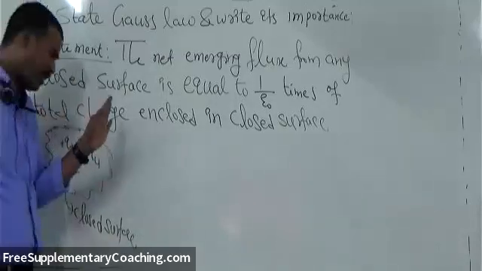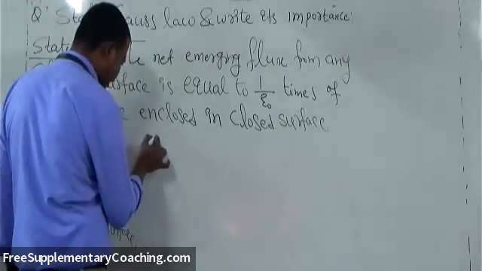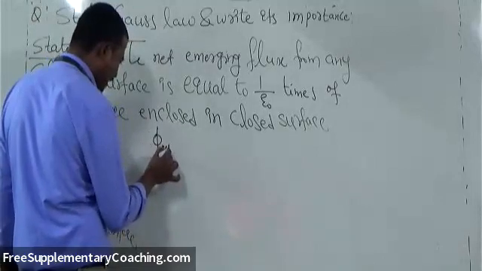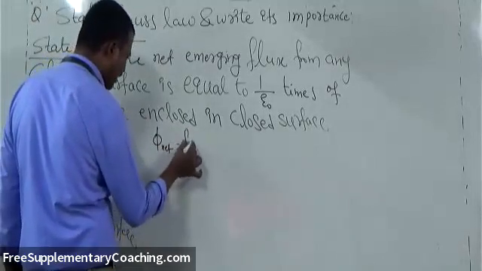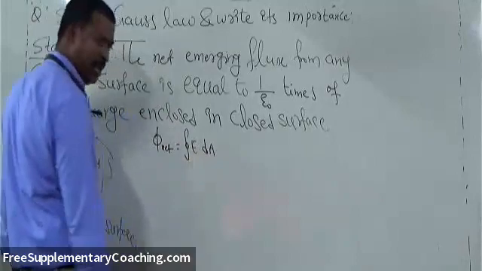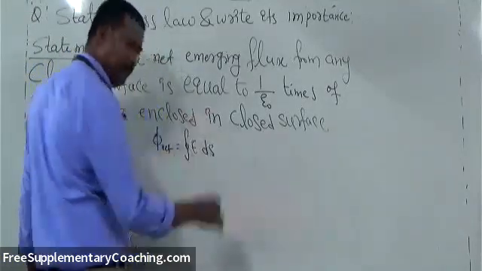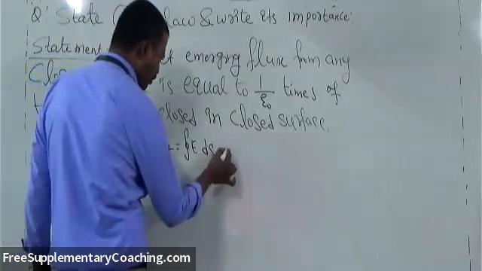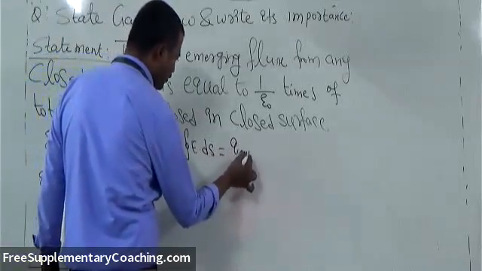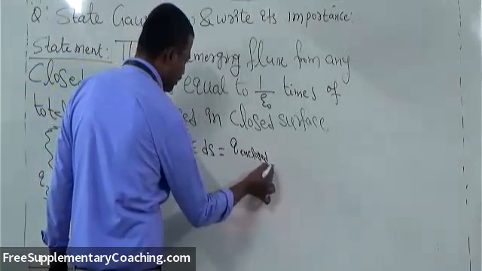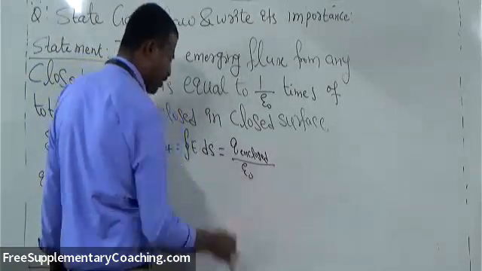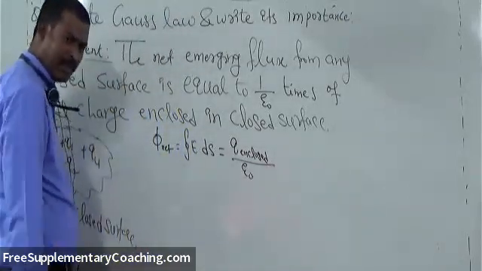epsilon naught, correct? So as per the definition, net flux phi net is equal to integration of E dot dA, A means small area, or you can write dS, will be equal to Q enclosed or Q in by epsilon naught, correct?